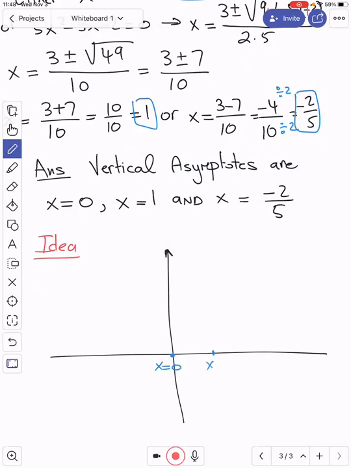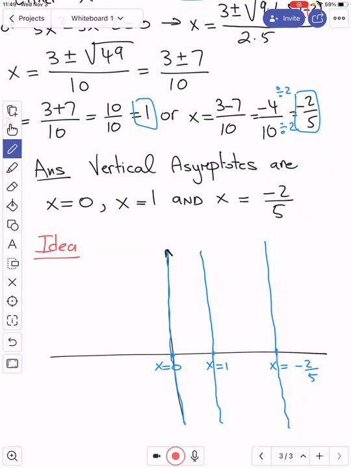This is my x equal to 1. And this is my x equal to negative 2/5. So we're going to have vertical asymptotes, so that's like vertical lines. Here's my vertical line passing through x equal to 0, x equal to 1, and here x equal to negative 2/5.